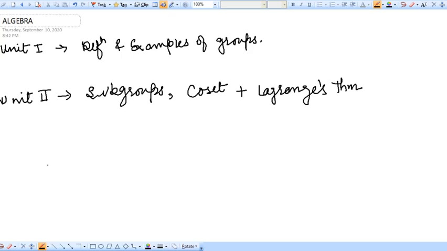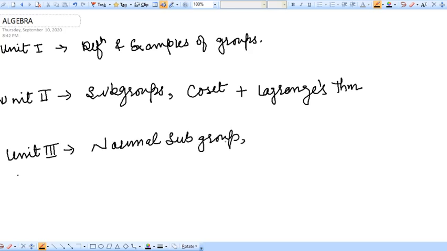In unit 3, under this unit we will be discussing normal subgroups. What are normal subgroups and what are their properties?